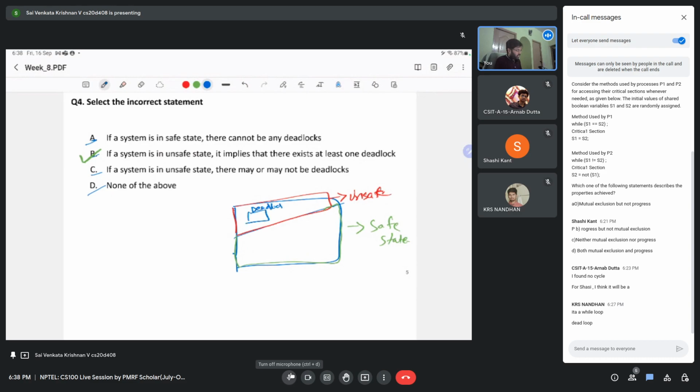So deadlock is just a subset of the unsafe state. If the resource allocation lands in an unsafe state, there might be a possibility of deadlock, but you cannot tell for sure. So options A and C are correct. Option B is the incorrect statement, so for this question, option B is the correct answer.